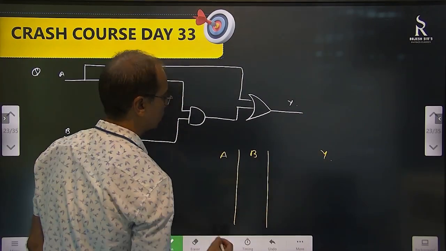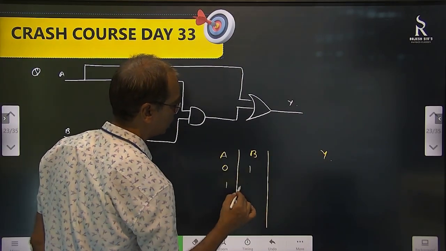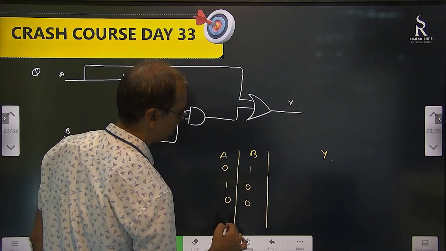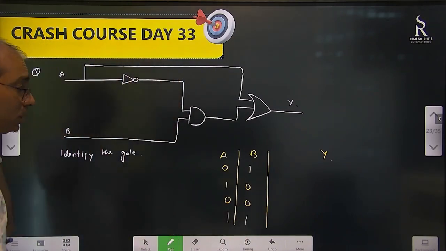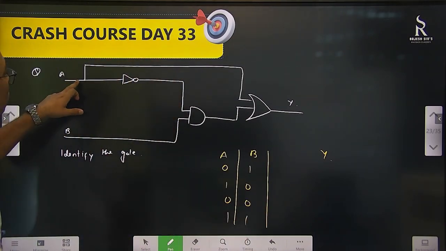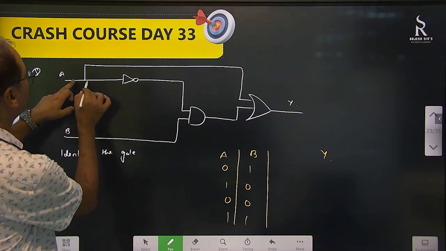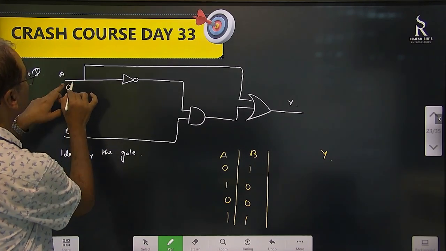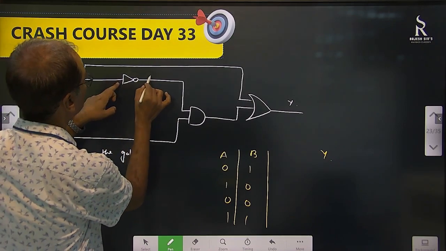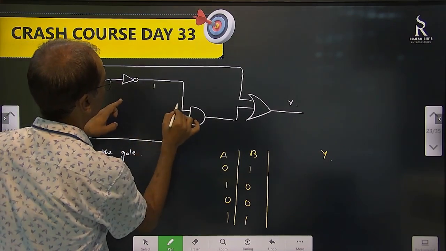Okay. So let's say this is 0, 1, 1, 0, 0, 0, 1, 1. These are the inputs. So A is we have given 0. Okay. So if we have given 0, here is NOT. NOT means it will become 1. So here comes 1.